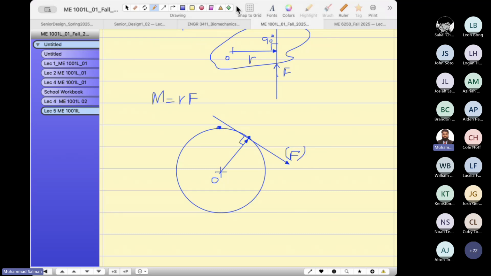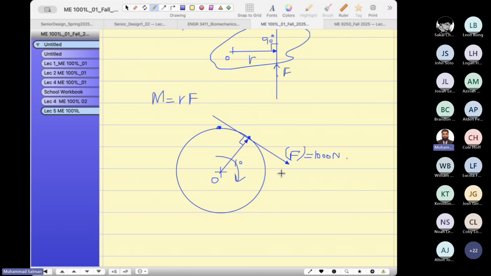Suppose the gear has a radius of 10 centimeters, and the force is maybe 1000 newtons. The gear is rotating this way, so it will create a clockwise moment.